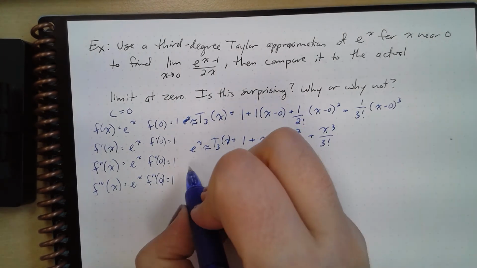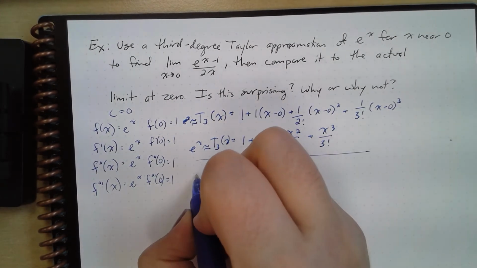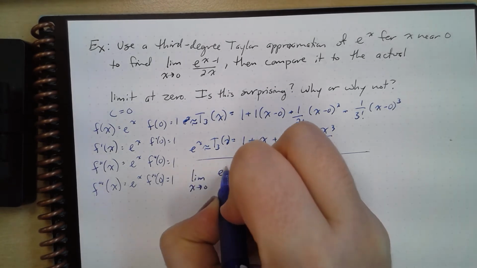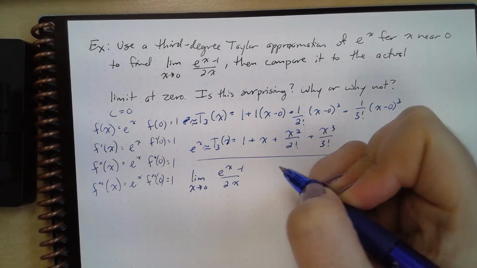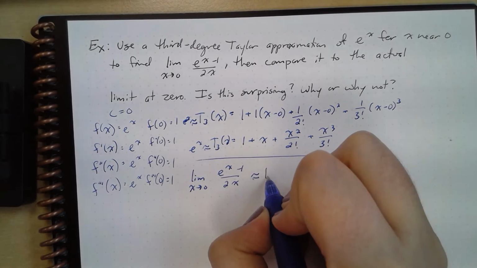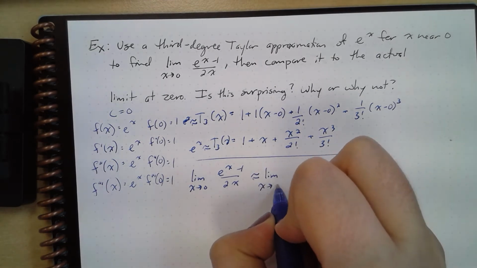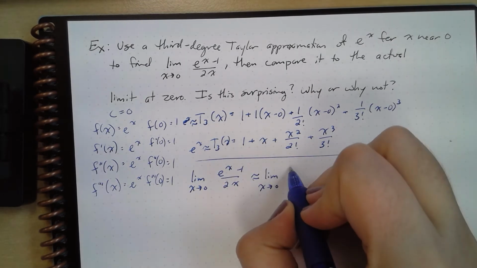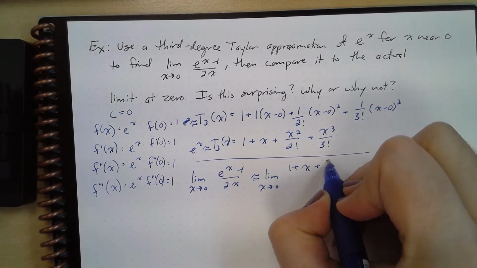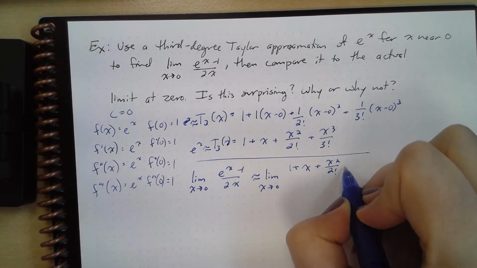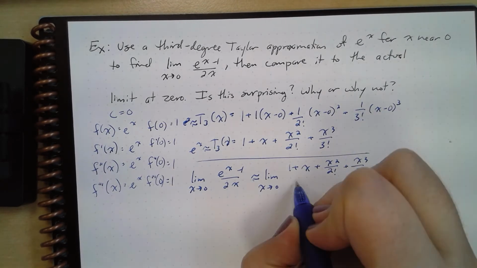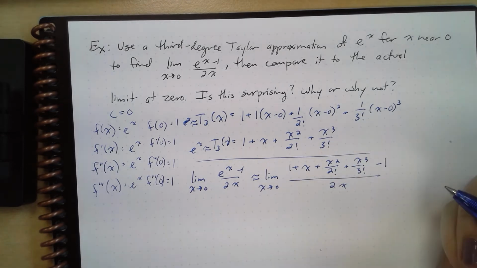Okay, so let's take this information. We're going to find the limit as x approaches 0 of (e to the x minus 1) over 2x. That's approximately the limit as x approaches 0 of this, because we're going to replace e to the x with 1 plus x plus x squared over 2 factorial plus x cubed over 3 factorial, minus 1, over 2x.